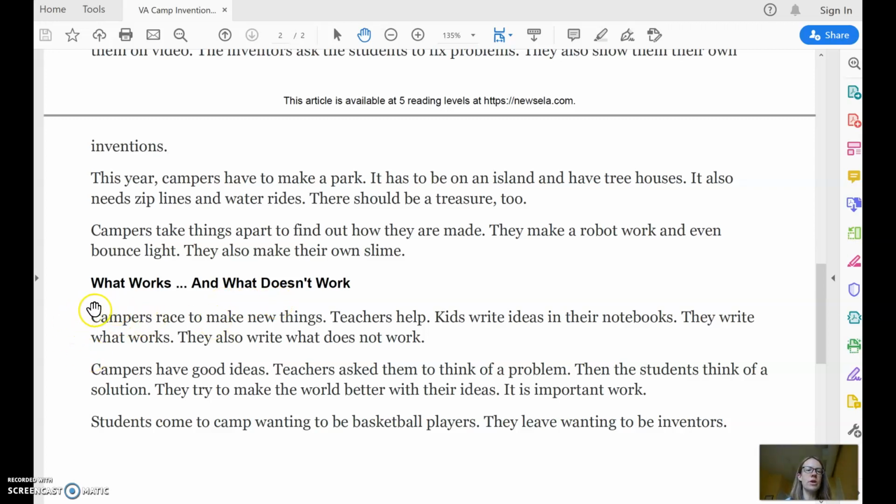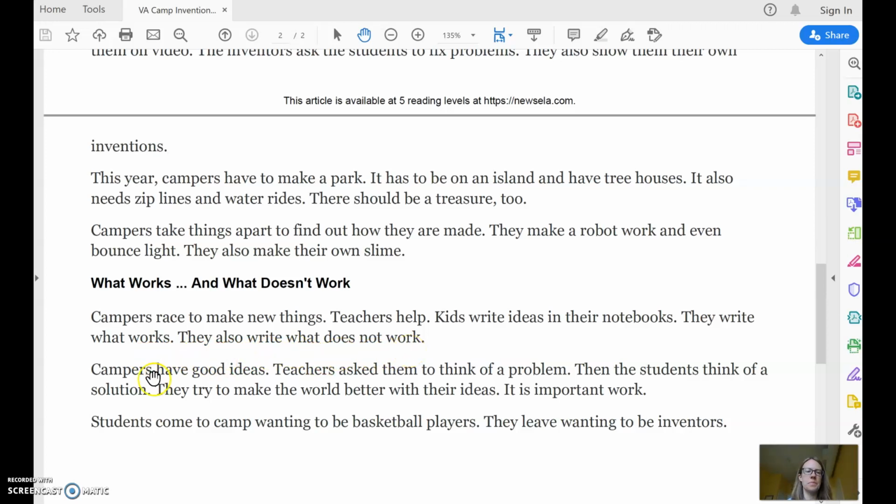Read this paragraph to yourself. Let's read it together. Campers race to make new things. Teachers help. Kids write ideas in their notebooks. They write what works. They also write what does not work.